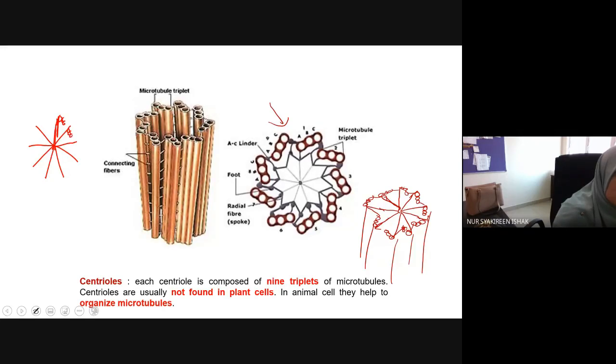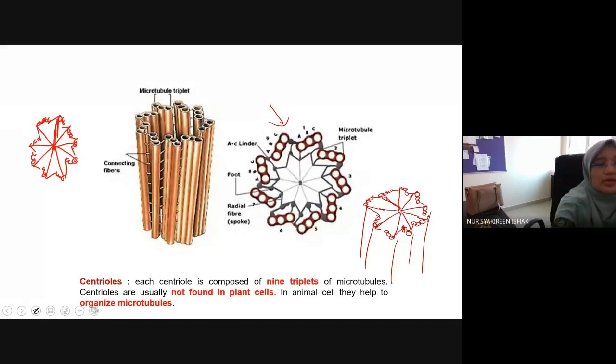Now I'm using my finger, but never mind. Three like that. Then you just attach the last microtubule with the first one, something like that.